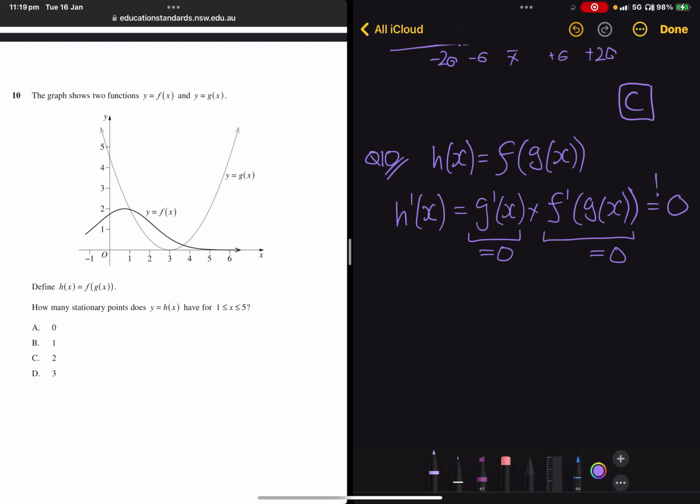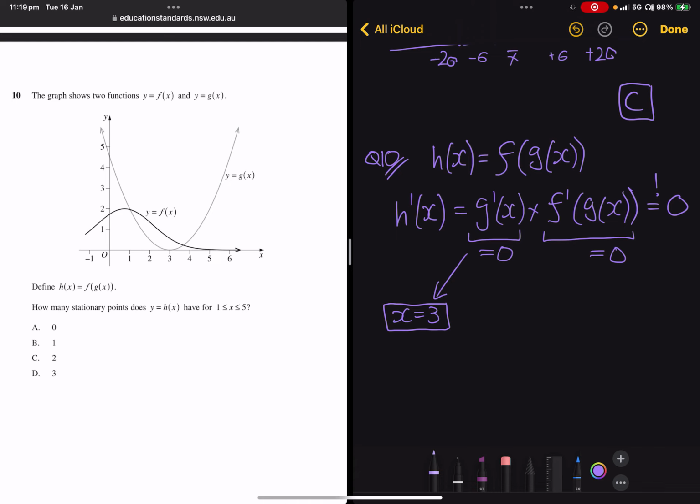If we look at the function g of x, it's sort of like a parabola. Its slope is 0 at one point. This happens when x is equal to 3. So that means h prime of x becomes 0 when x is 3. So this is one stationary point. And that's the only stationary point for g prime of x equaling 0.